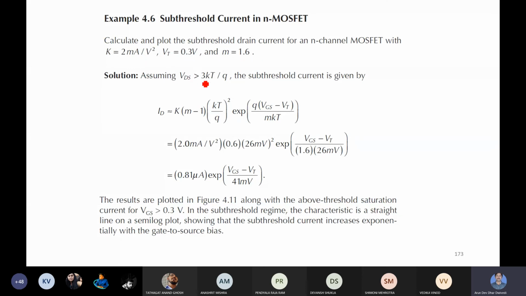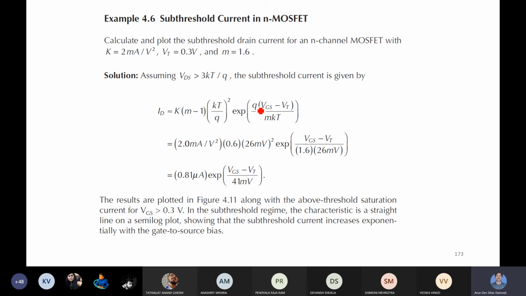Assuming that VDS is at least 3 KT by Q, where KT by Q is the thermal voltage, you can use this formula. M is 1.6, KT by Q is 26 millivolts, and Q is the electronic charge. VGS and VT are given.